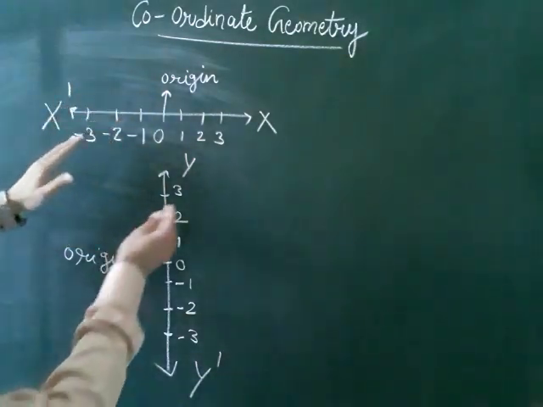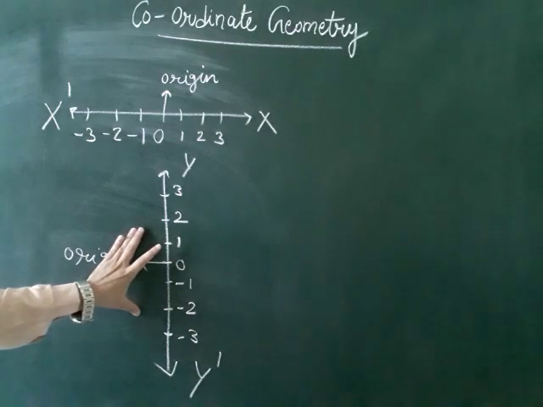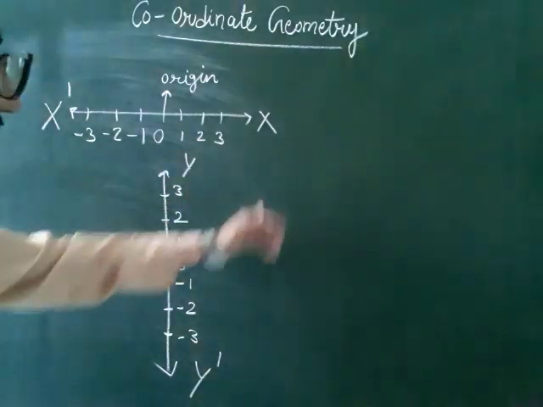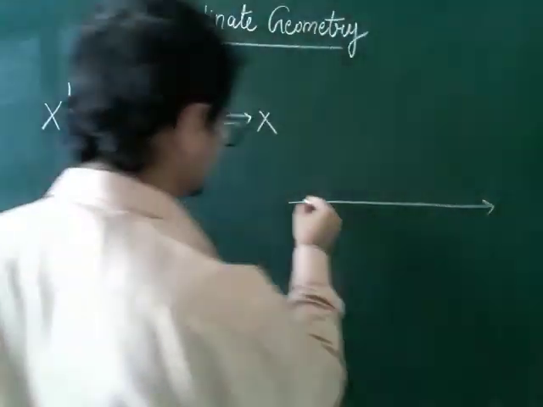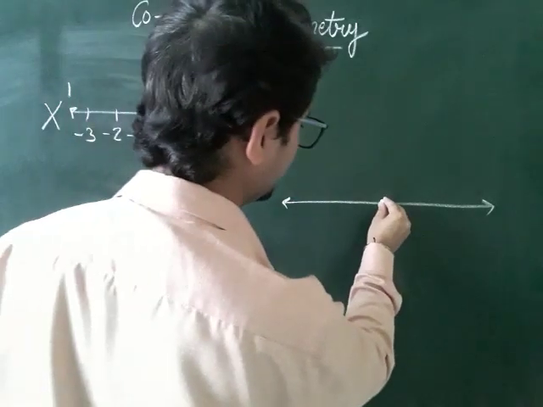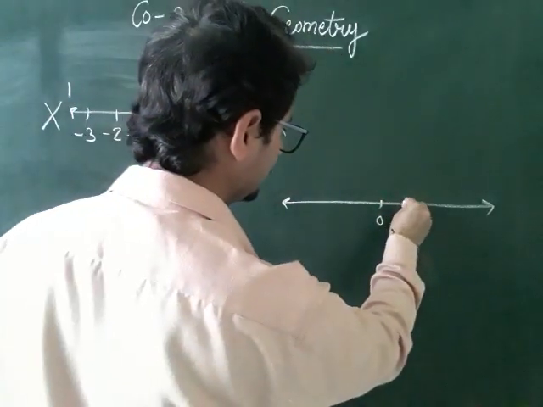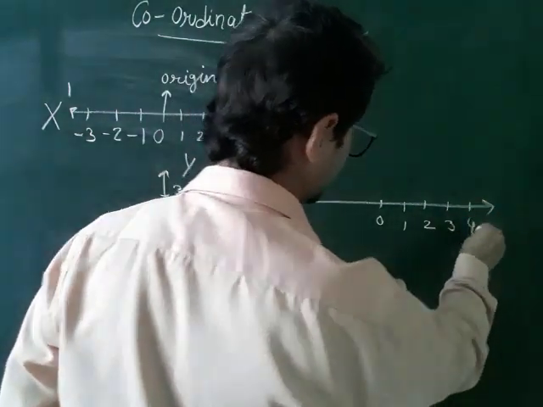We will combine the horizontal number line and vertical number line. Then what will happen? See here. This is your horizontal number line, and here it is your 0. This is your horizontal number line 1, 2, 3 and 4.